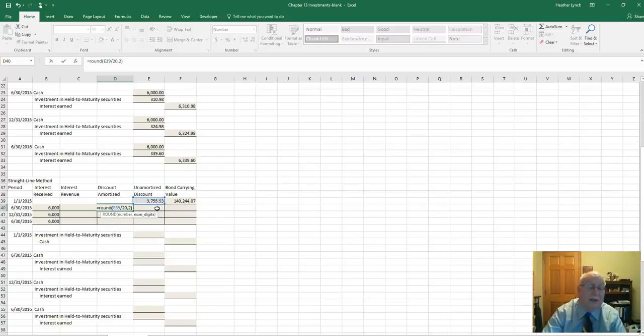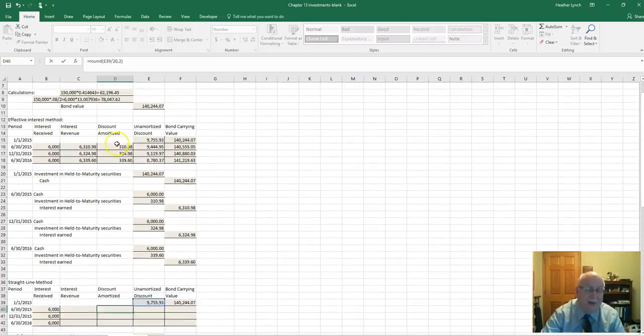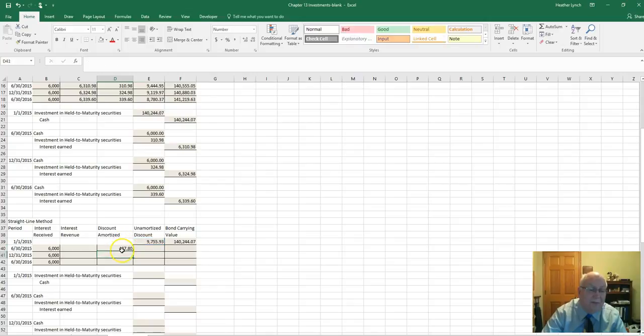The reason why it's 20 is because it's 10 years semi-annually, so we have 20 pay periods. So we're going to take $487.80, and $47.80 per period. Now, because this is a discount, we would take the $6,000 plus the $47.80. If this was a premium, it would be subtracted, because remember, premiums reduce the amount of interest revenue you record.